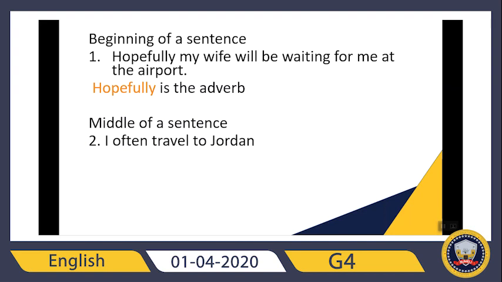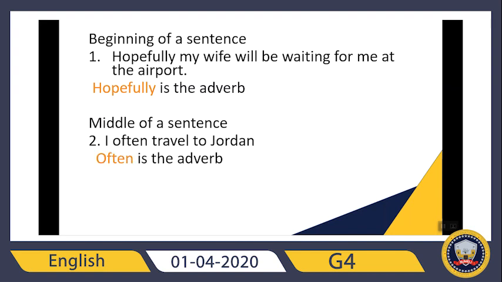So, how many times do you go to Jordan? I go often. Often shows how much you travel, because travel is a verb. So often modifies how much you travel to Jordan.